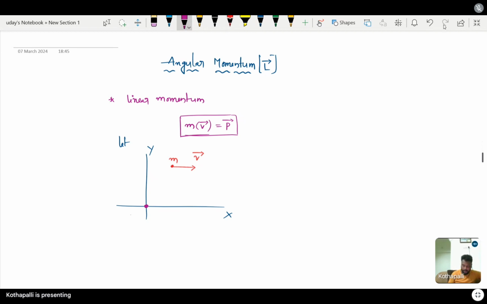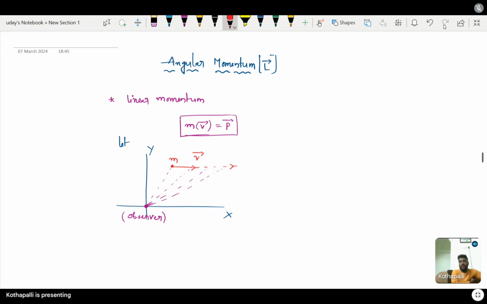It is being observed from the origin. The observer is at the origin. Now, with respect to this observer, the position of this mass will keep on changing in such a way that it looks like it is traveling in a circular path, or it is in rotational motion.